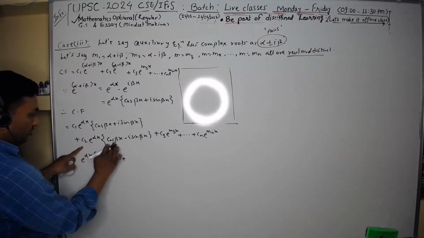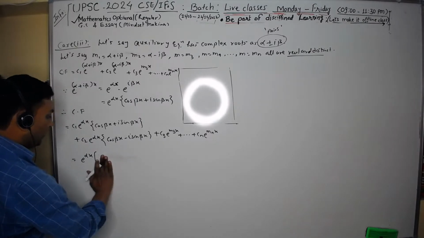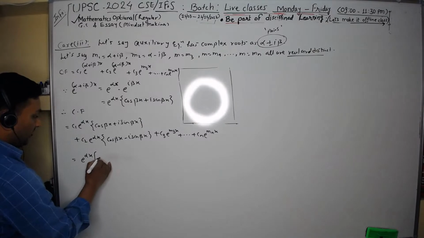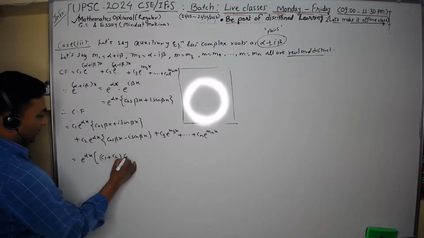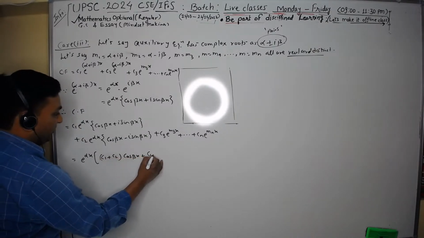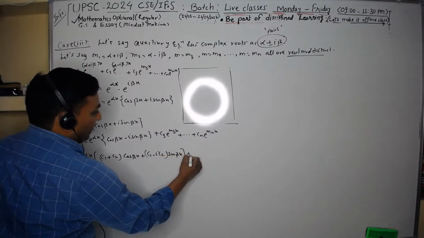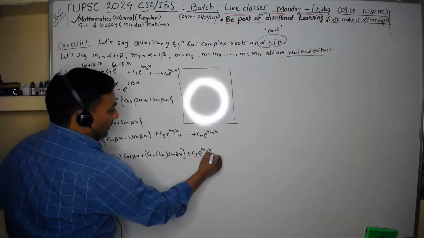cos beta x plus, now I am taking cos beta x common from these two and writing it here, sorry, plus C1 minus iota C2 into sin beta x, and this will be as it is.